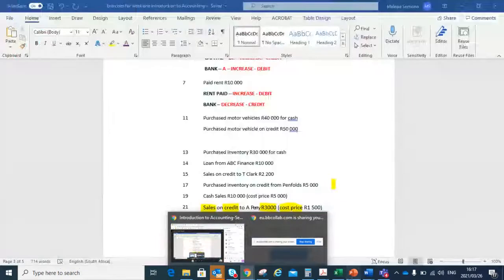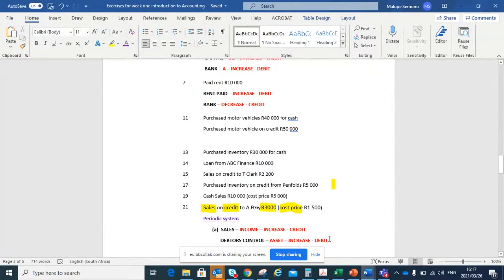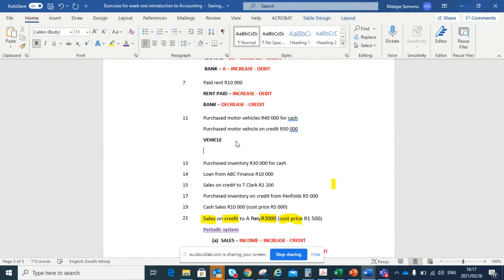So I'm going to write motor vehicle, or I'm just going to write the vehicle. And creditors control. You see now, it's because you bought on credit.